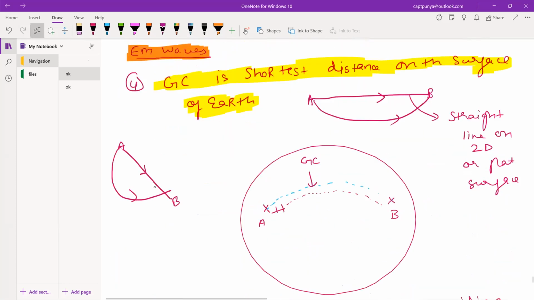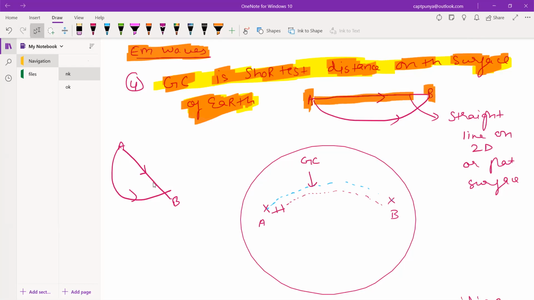Another point which we discussed was that the great circle is the shortest distance on the surface of the earth. I have told you, if we talk about a flat surface and we have to go from point A to point B, the shortest path will be to go in a straight line.